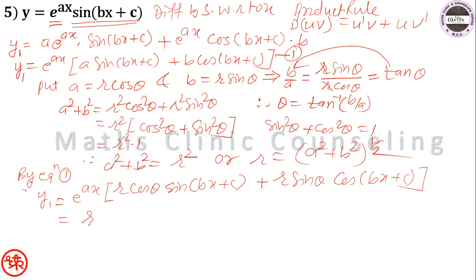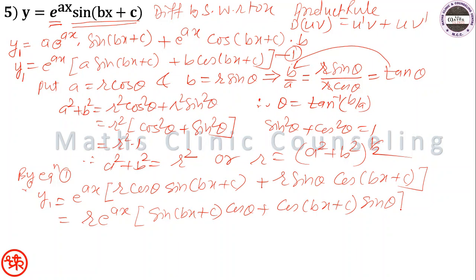r कॉमन निकलता है, so r e to the power ax into sin bx plus c cos theta plus cos bx plus c into sin theta. Now use sin of a plus b is equal to क्या फॉर्मूला है? sin a cos b plus cos a sin b.